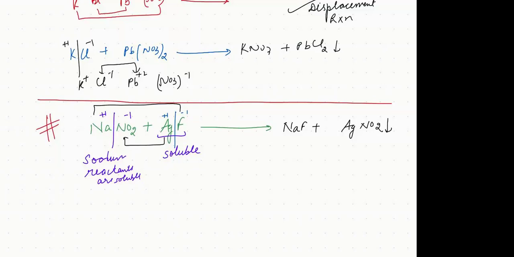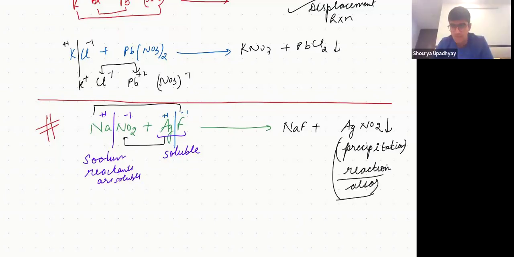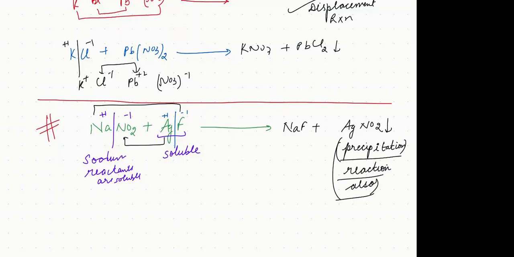So I know that this is a double displacement reaction, and because in this reaction a precipitate is being formed, it is a precipitation reaction also. Are you understanding my point or not? Any doubts in this? No, ma'am. So this is the concept. We are doing the precipitation reaction and the double displacement reactions also.